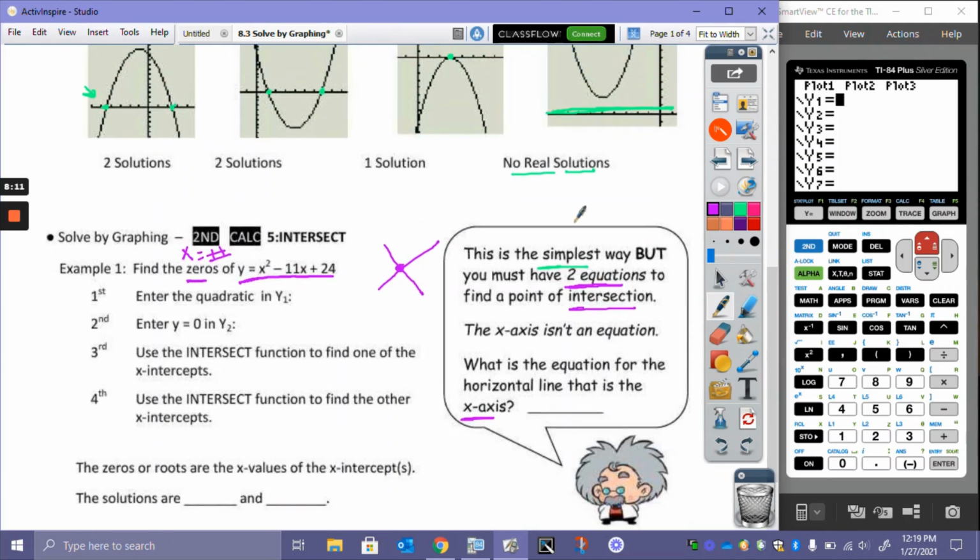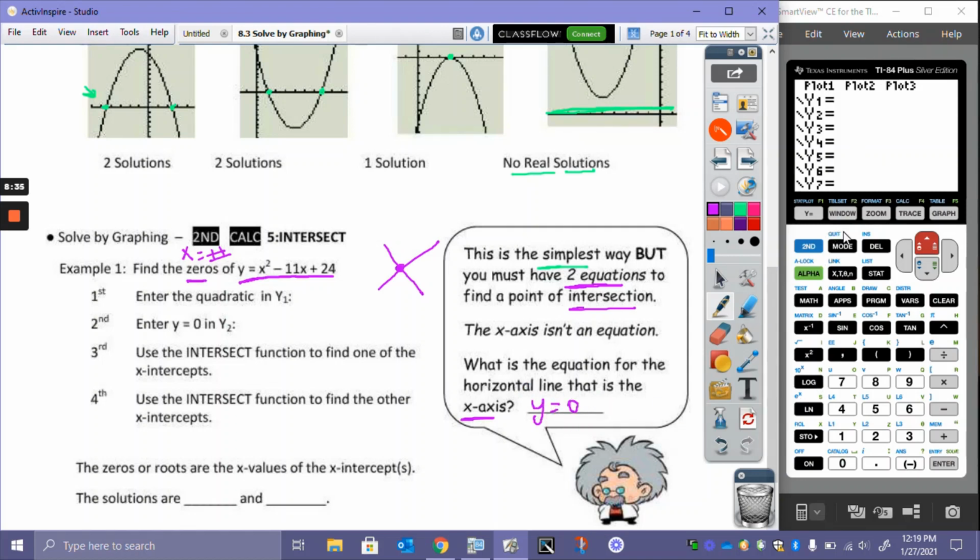So if we're looking up here, our x-axis, right? It is going to be y equals 0 every time, okay? Now, one thing to note, the x-axis is not an equation, okay? But we're going to type in the equation for the x-axis, which is y equals 0.